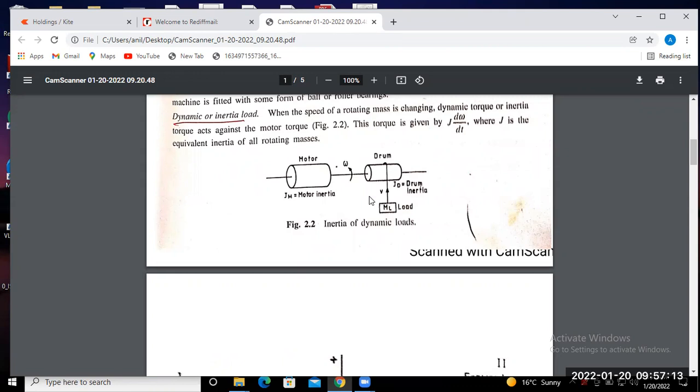In the first quadrant, we consider the forward motoring mode, and in the second quadrant, the forward braking mode.